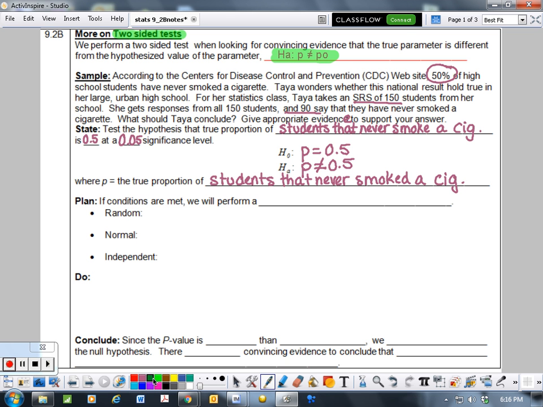Okay, so if conditions are met, we will perform a one sample z-test for proportions. So random: we had a simple random sample of 150 people.